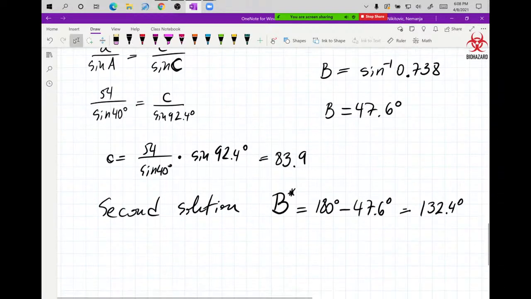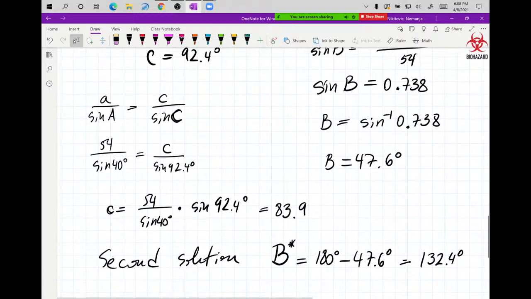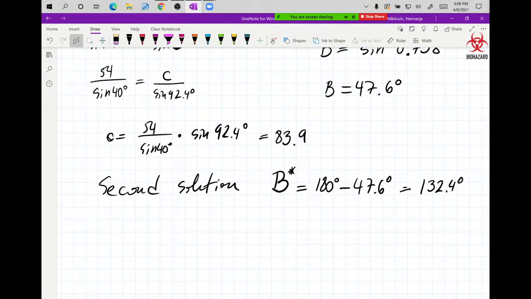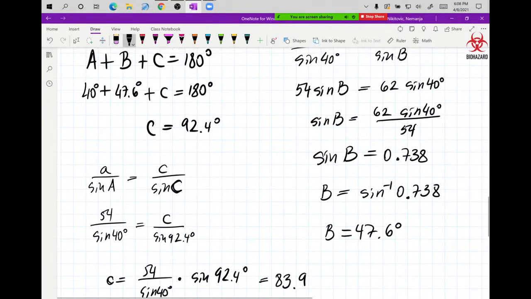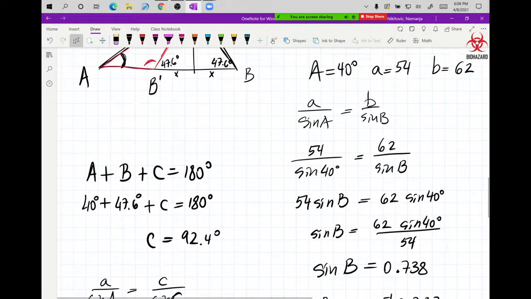So now we have the new set, and I have to go and figure out again the value for C, which is the angle, and we'll call that C prime because it's like a second set. So C star is 180 minus 132.4 degrees plus, and now I need the angle that I know, which is 40.